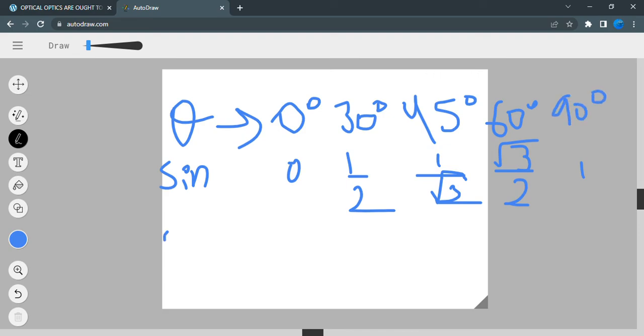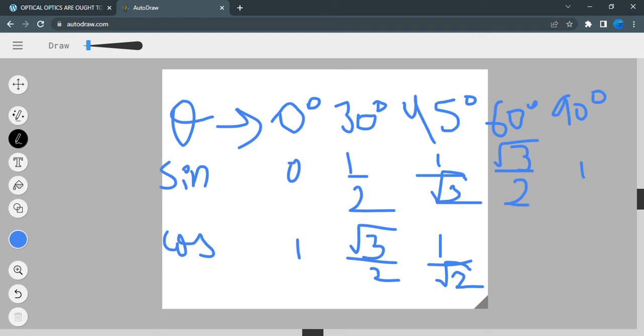Next up, we have cos. For cos, we have cos 0 degrees is equal to 1. And then cos 30 degrees is equal to root 3 by 2. And then for 45 degrees, it is going to be 1 by root 2, which is same as the sine value for the correspondent.